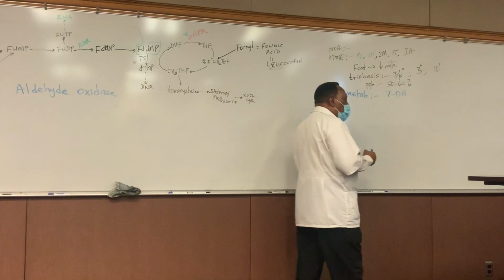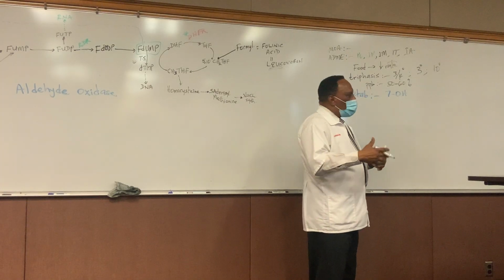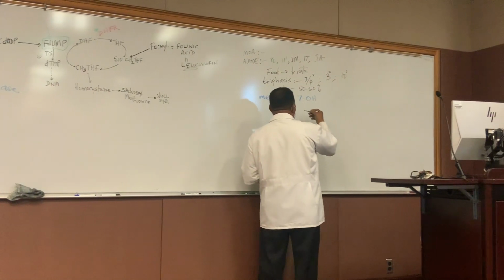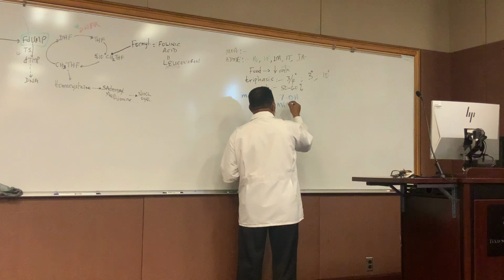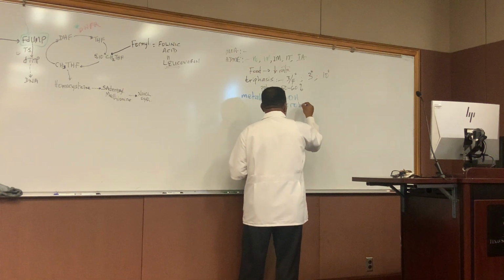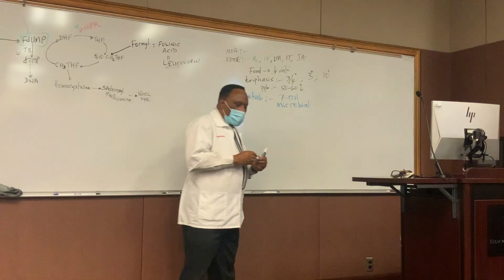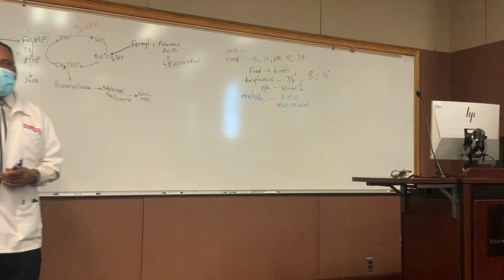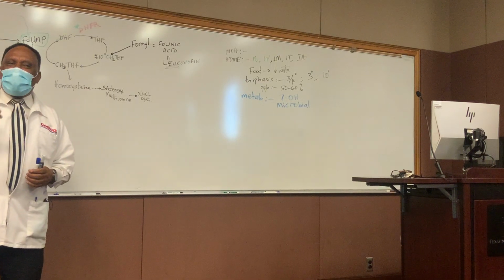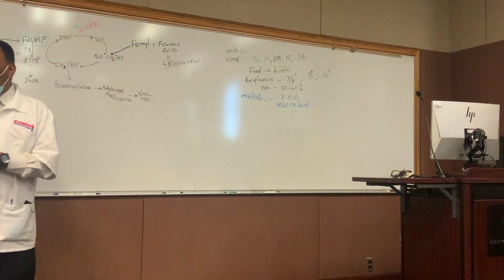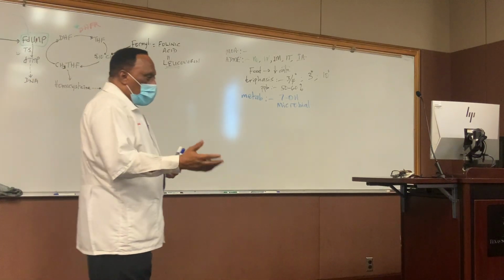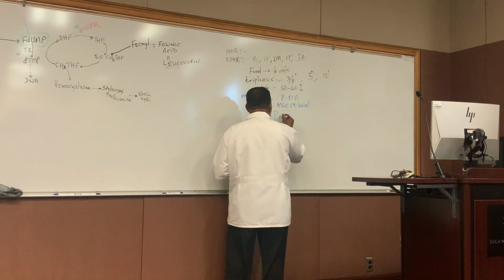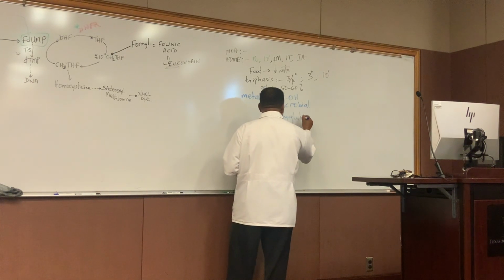Then you have the metabolism that is carried out by microbial agents in the GI tract. So there's a small part of methotrexate, especially when you give it orally, that will be biotransformed by your GI organisms. And then you have the polyglutamates.